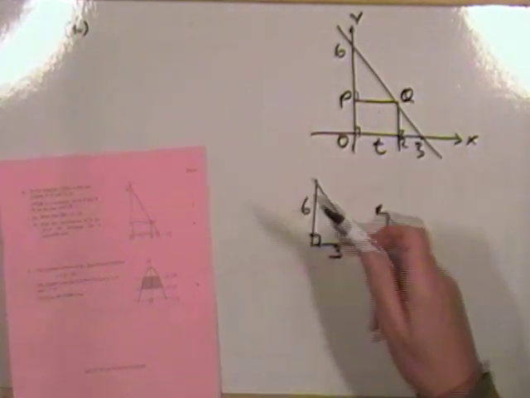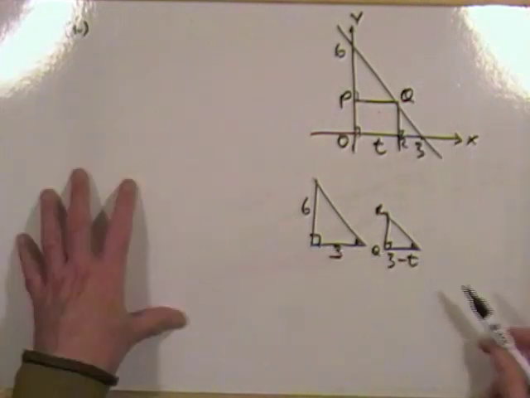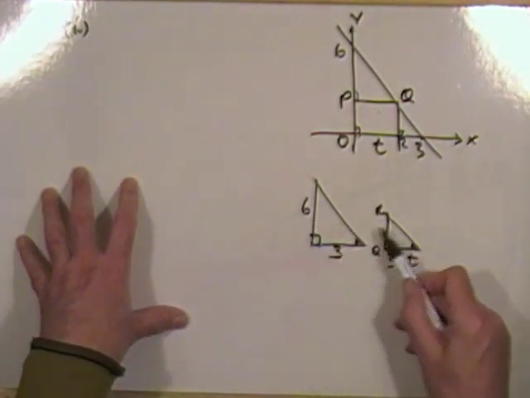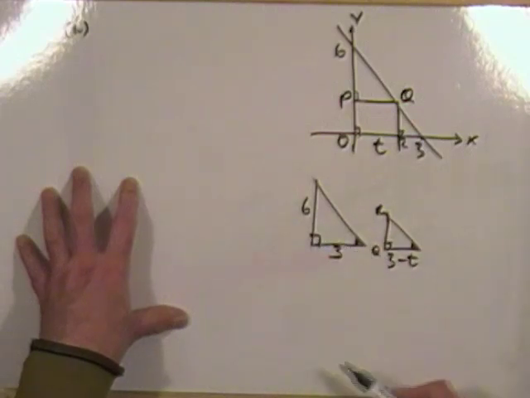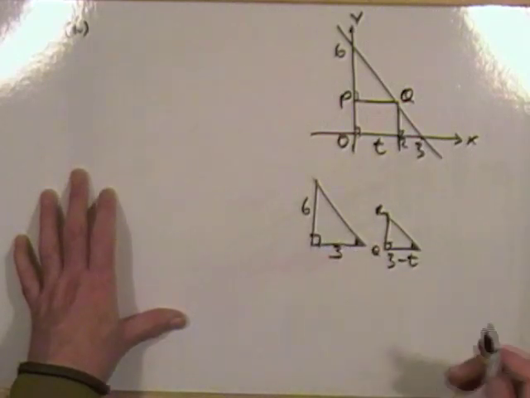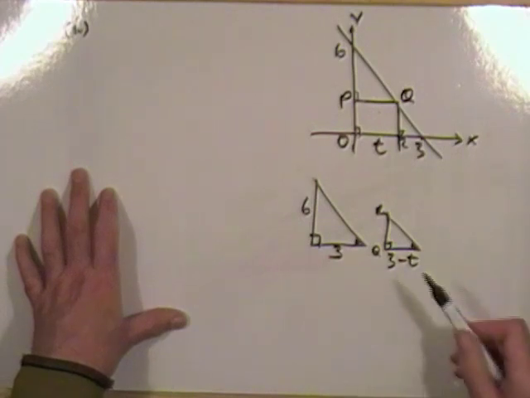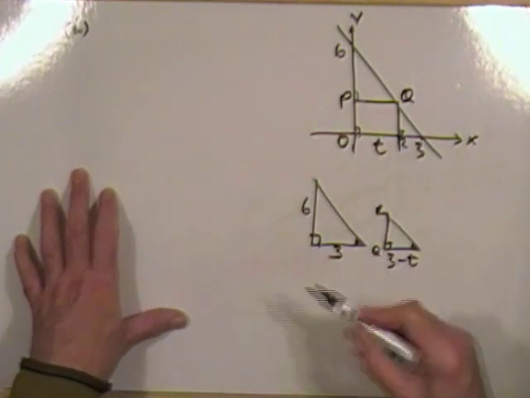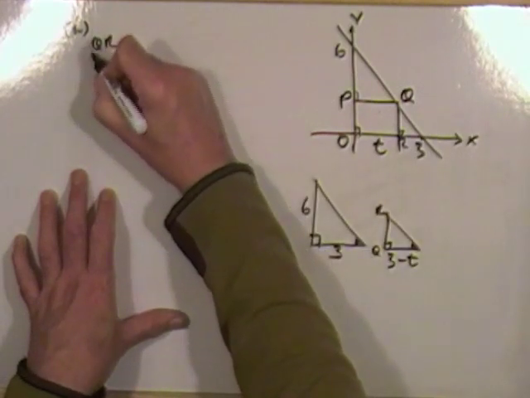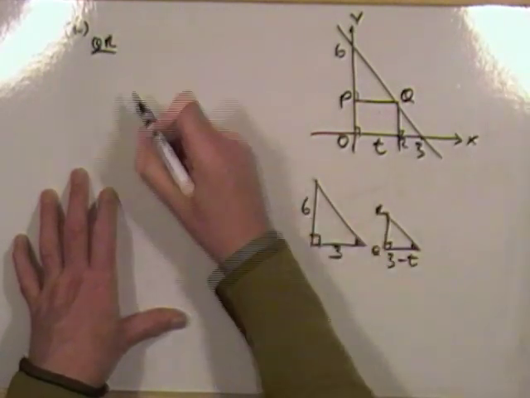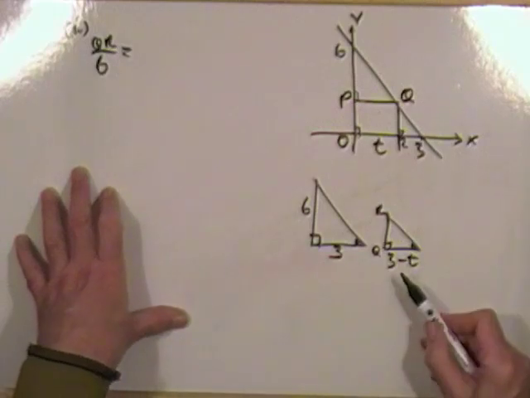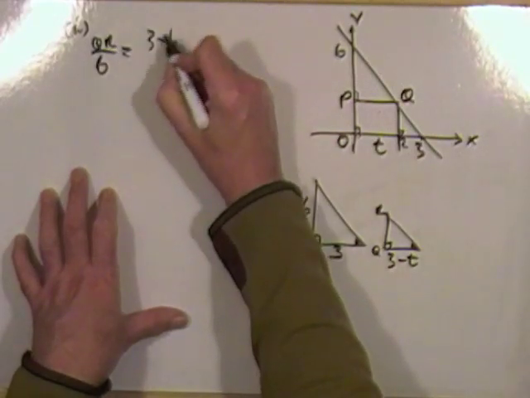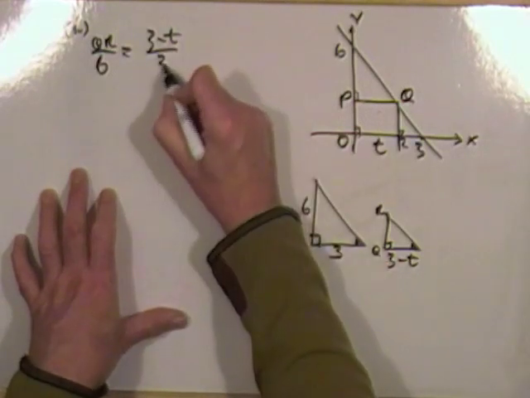Similar triangles. If triangles are similar, then one is a fraction of the other. Corresponding sides make the same fraction. Corresponding sides are in the same ratio, which means that for this one, the length of QR, which is what I want, so I'll put that down first, QR over its corresponding side, 6, will be the same as, in the same order, any other side, that's the 3 minus t, over its corresponding side, 3.